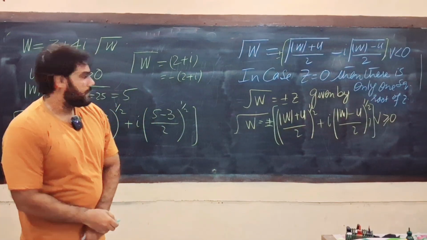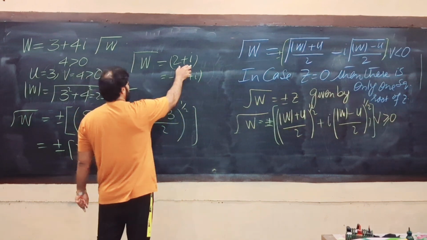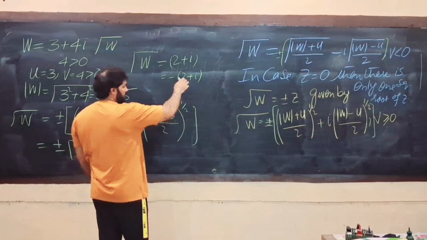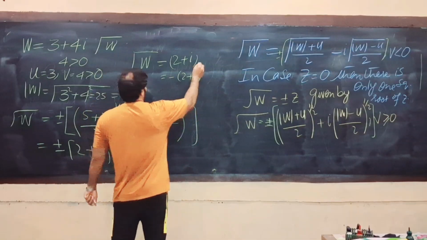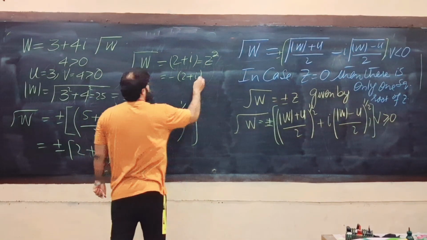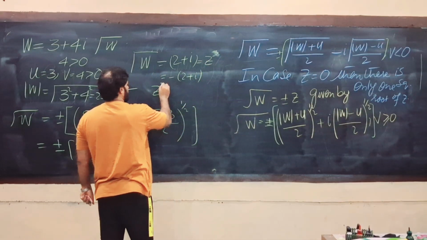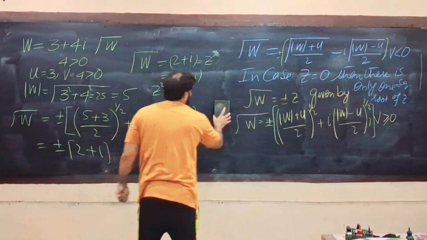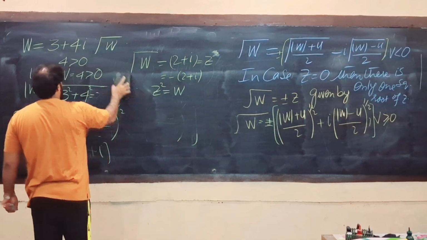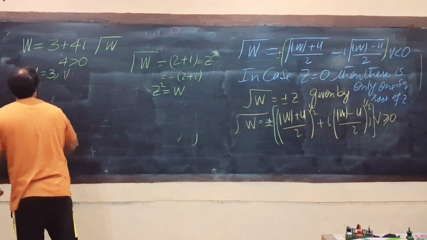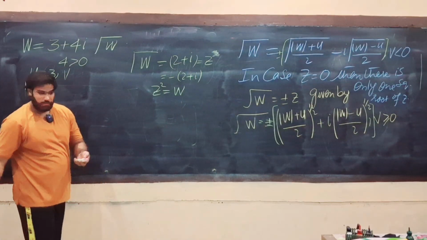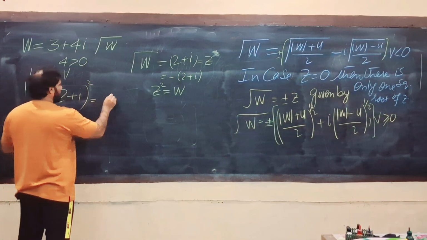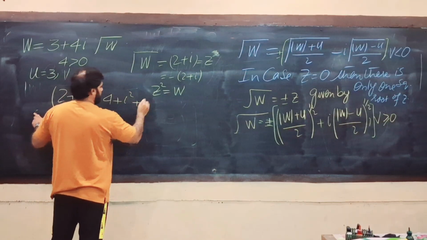You can verify very easily that your answer is correct by simply taking the square of these numbers. The square of this number should be equal to W. If you relate this problem with our question, this is our Z. Now your Z square should be equal to W. Taking the square of 2 plus iota, this is equal to 4 plus iota square plus 4 iota.